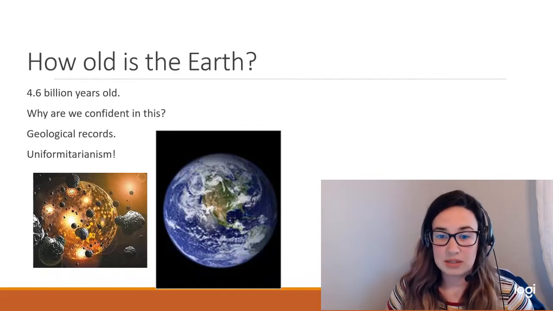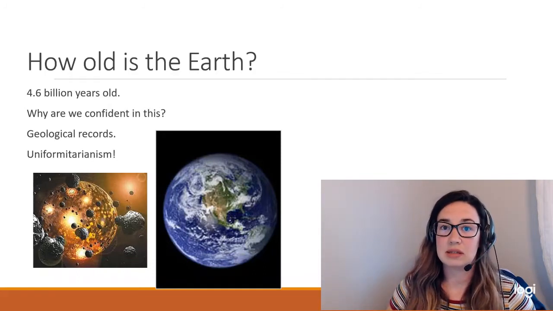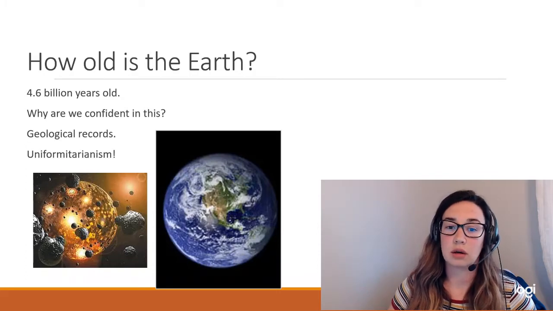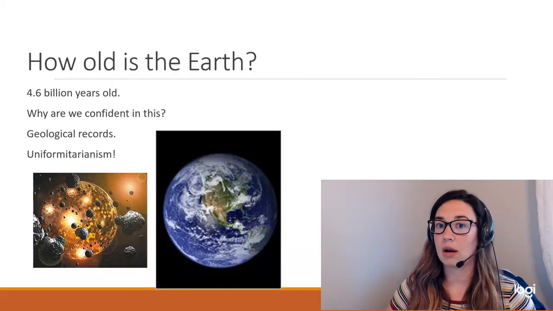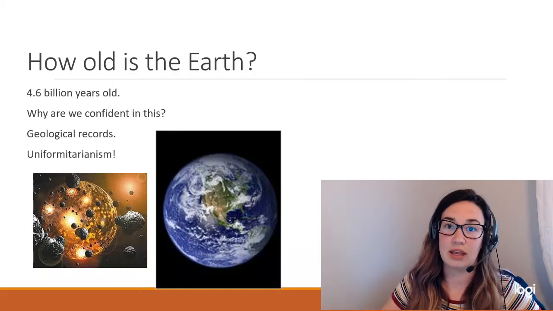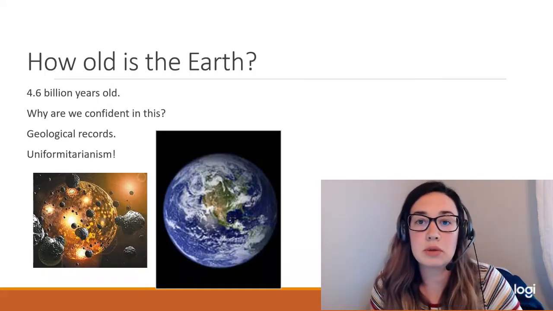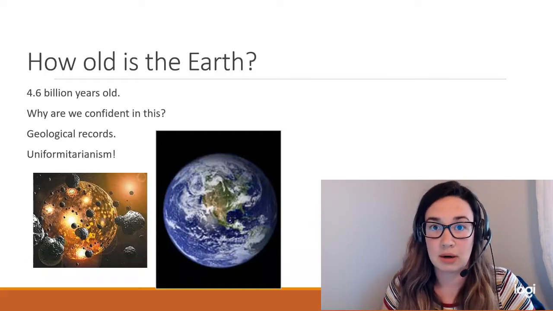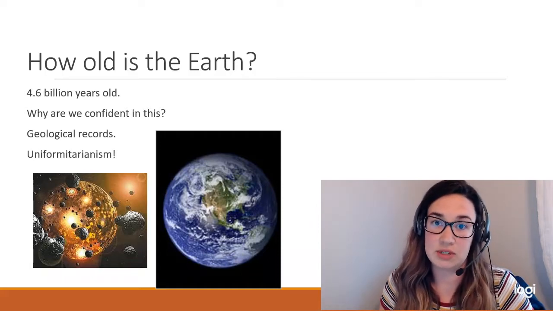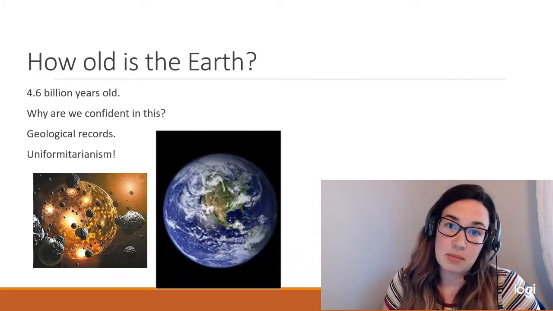Basically, the same processes occurring on Earth through time, and the processes that have occurred in the past are occurring even today. This is what most modern scientists believe in, uniformitarianism. So keep that in mind.